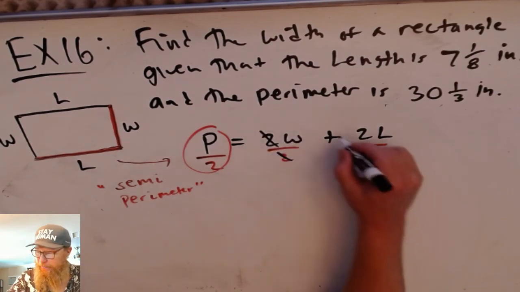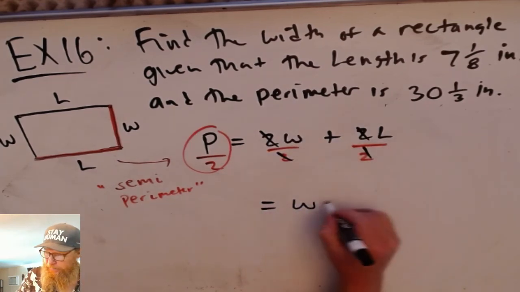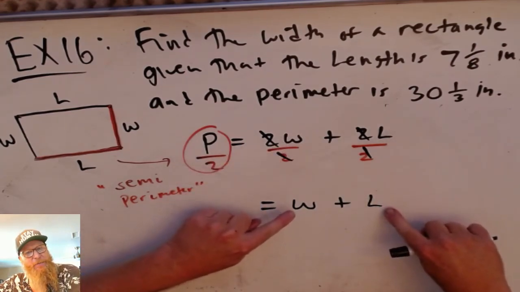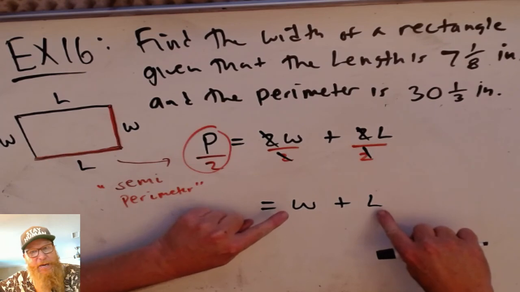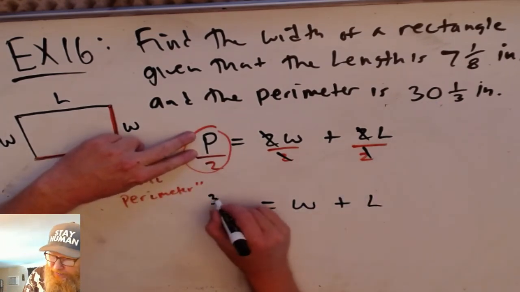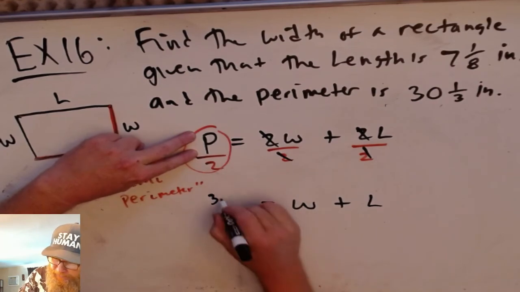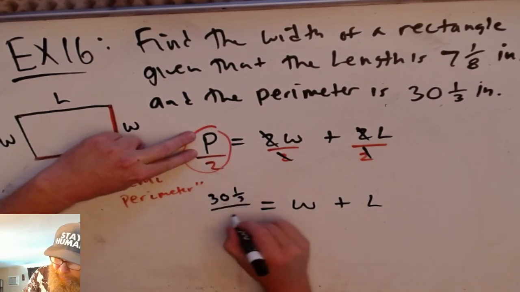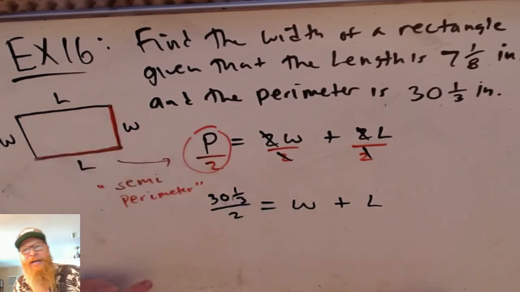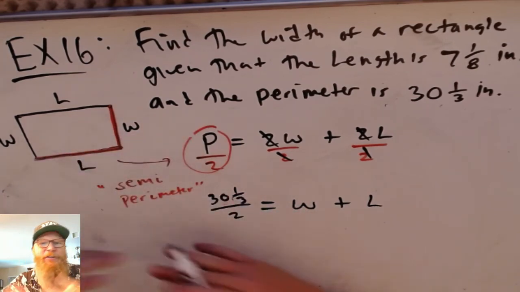So the nice thing about this is you don't have two L's and two W's anymore. It makes it a lot easier to solve the equation, but you do have to divide the perimeter by 2. And again, if you try to do this on a calculator, you're going to get a decimal.